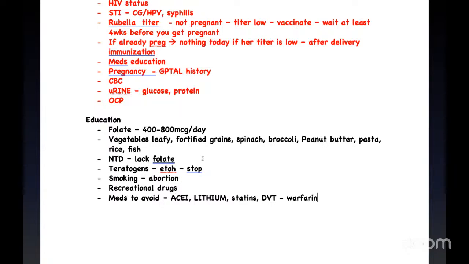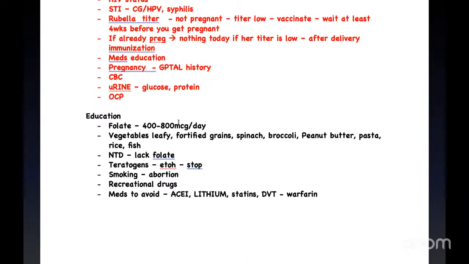You can't take warfarin, so we may have to change it to a heparin derivative for you. These are little things. This is why OB is a little bit difficult. It's like med-surg. You cover everything, right? You have to bring pharmacology.